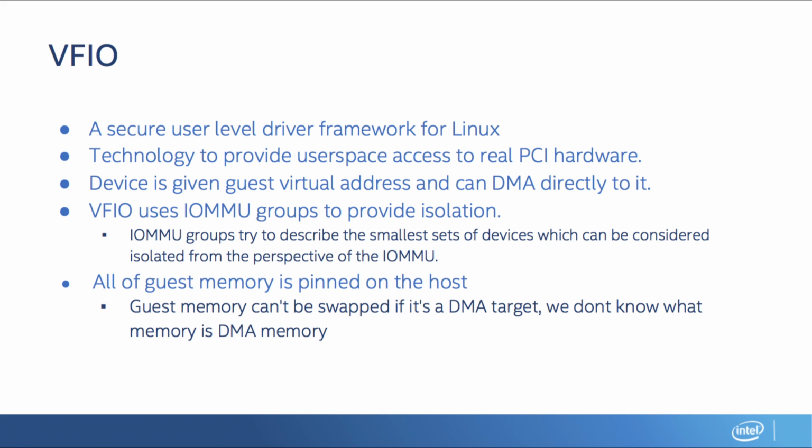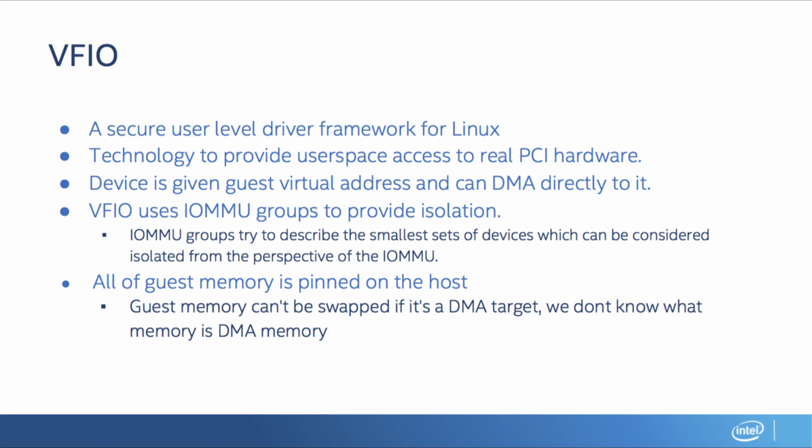In this case, the device is given the virtual address of the guest, and the device can DMA directly into it. VFIO, as I mentioned, is a secure framework, and it uses Intel VT-d technology to do so. Intel VT-d is basically an implementation of IOMMU, and the IOMMU's job is to translate the virtual addresses to physical addresses for devices.